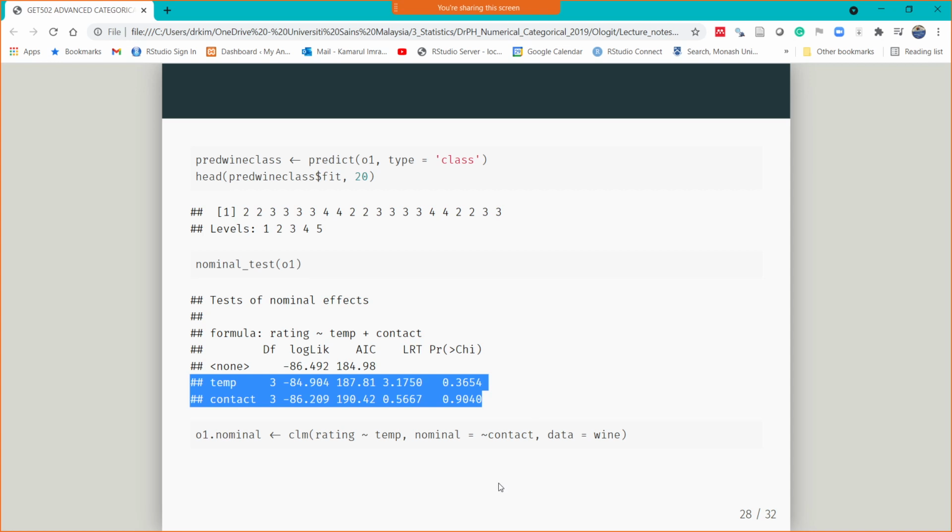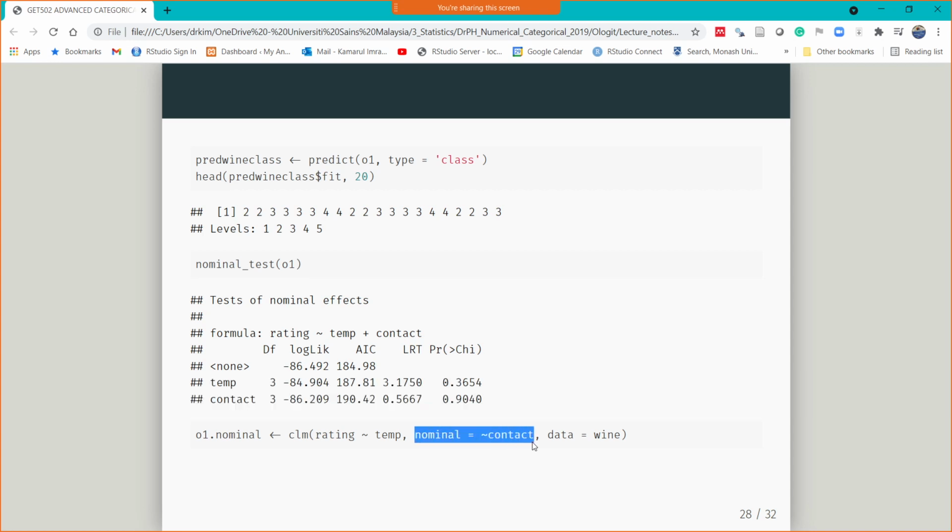Or you can also use nominal equal tilde contact to check for a specific covariate's proportional odds assumption.